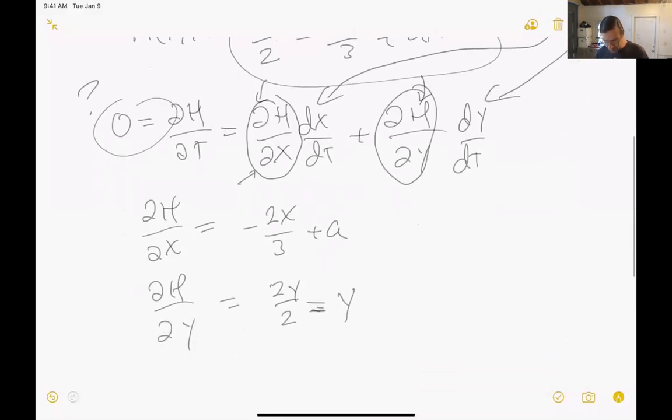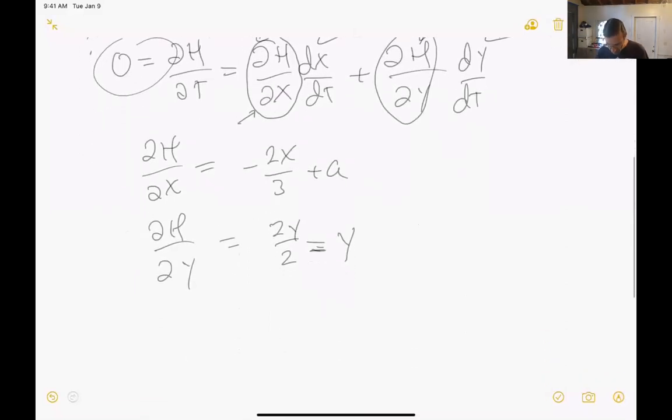And then we just put it all together and make sure we get 0, right? So again, we want the partial of H with respect to x times dx/dt, plus the partial of H with respect to y times dy/dt. So let's just write that out.